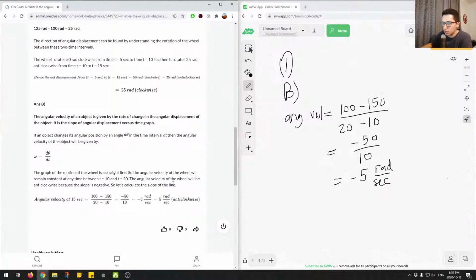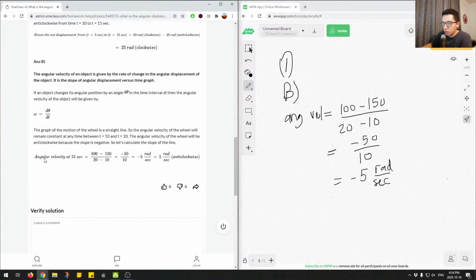Let's scroll down over here. For angular velocity at 15 seconds, they do a similar calculation and end up with negative 5, and then they give the anti-clockwise direction for a negative. So this is switched around: this should be anti-clockwise and this should be clockwise, because as we said, in a coordinate system the counterclockwise direction is positive and the clockwise direction is negative.